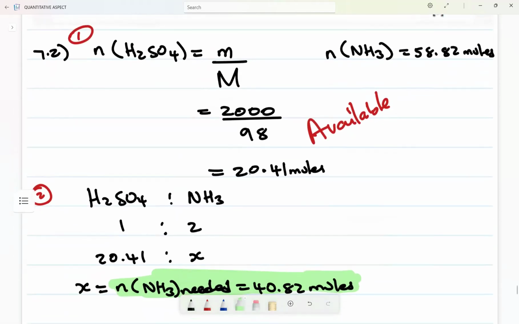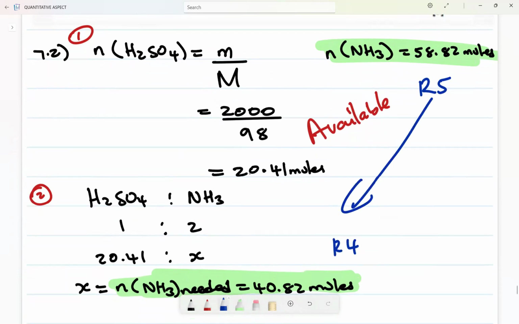Let's check. In actual fact, yes, because NH3 has 58.82 initially available. It is like having 5 rand when they want only 4 rand from it. Can you see it has enough, and even excess?